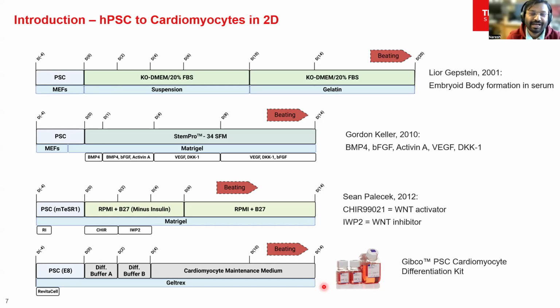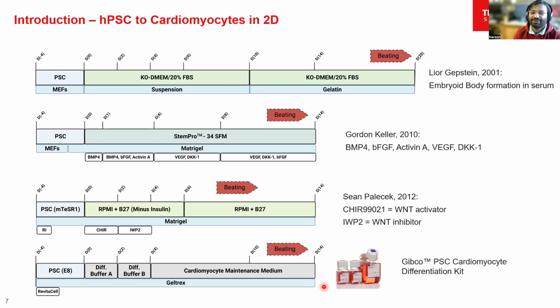Apart from this, I wanted to get some information. Whenever we present the data, they ask, so how have you differentiated? Then I say that I'm using buffer A, then buffer B, but I do not have any clue. I do not want to know all the composition, but whether this is based on Wnt inhibition or any growth factor.